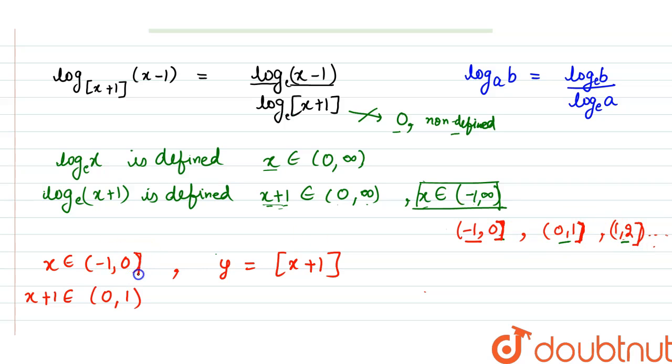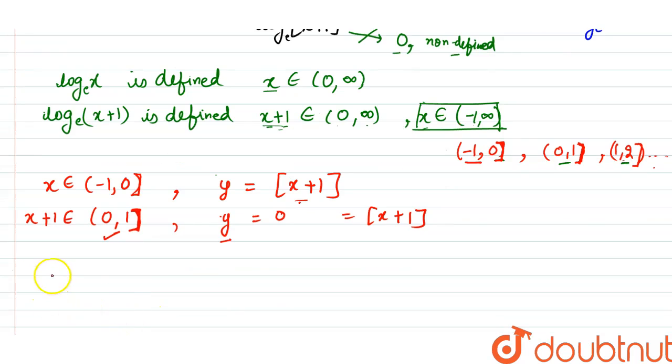So x plus 1 belongs to 0 to 1, closed at 1. That means the greatest integer values of all the real numbers lying from 0 to 1 will turn to 0, because the greatest integer function changes all the values of real numbers to their nearest lower integer value. So we can see that y is equal to 0. That means the greatest integer function value for this interval is 0.